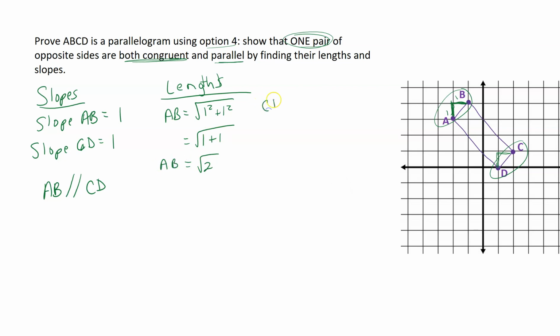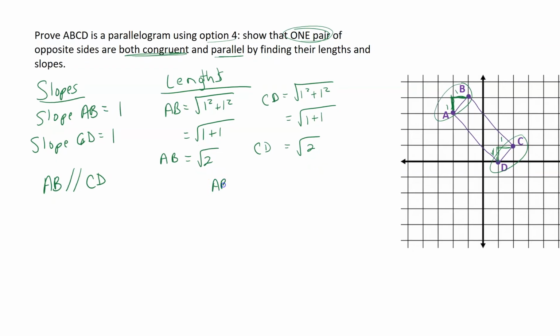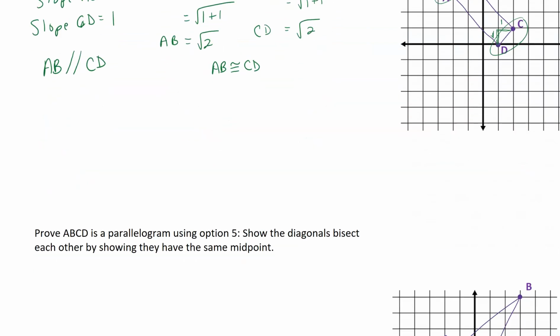And then for CD, those legs are also a 1 and a 1. So 1 squared plus 1 squared. So since AB and CD both have a length of the square root of 2, we know that AB is congruent to CD. And that's going to make it a parallelogram.